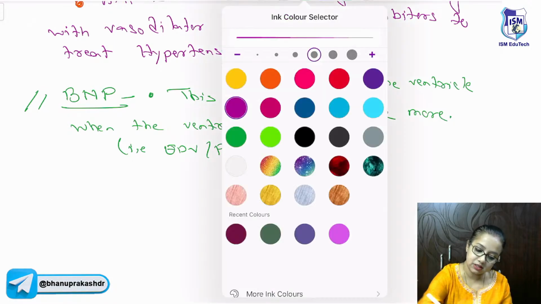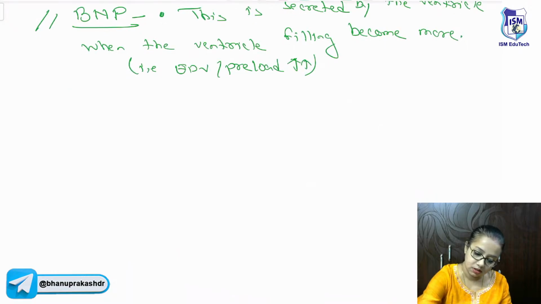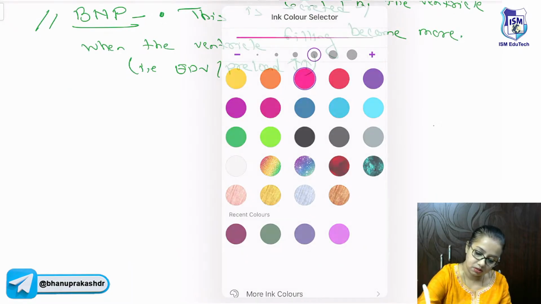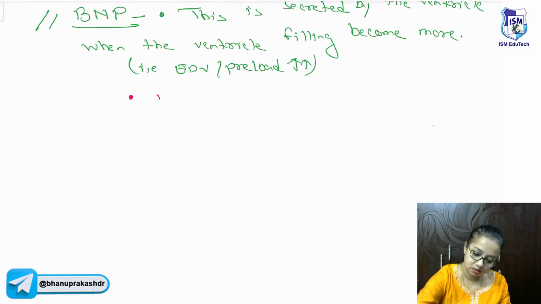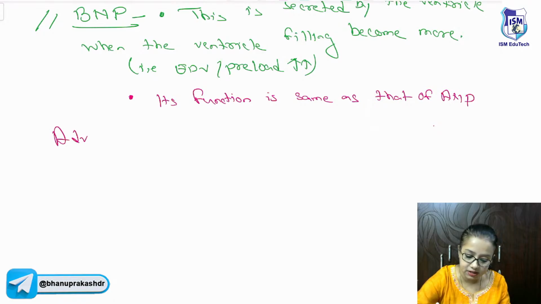Its function is more or less the same as that of ANP. So what is the advantage of it?